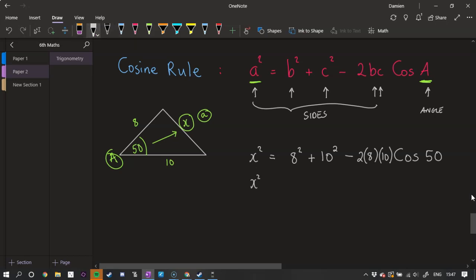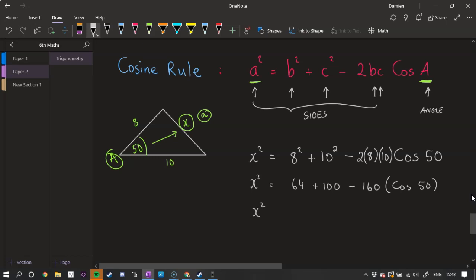So all we've got to do is go and figure it out. We've got x squared is equal to 64 plus 100. Then you can do this whatever way you want. So we've got minus 160 here, multiplied by cos of 50.